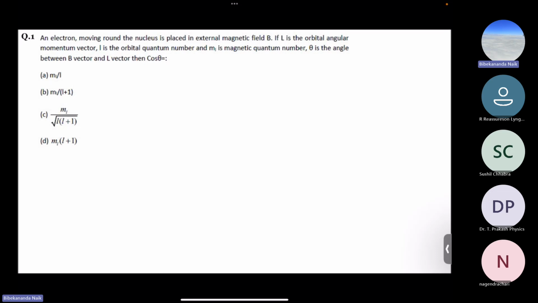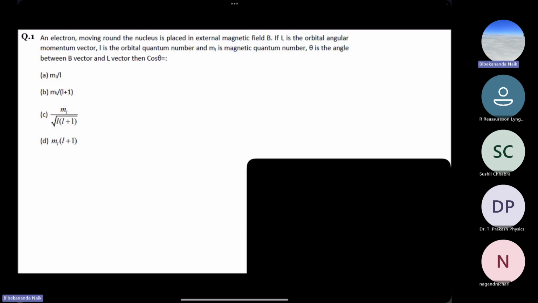Option A is ml by L, option B is ml by l plus 1, option C is ml divided by root over l into l plus 1, and option D is ml into l plus 1. So can anyone tell me what will be the correct option?